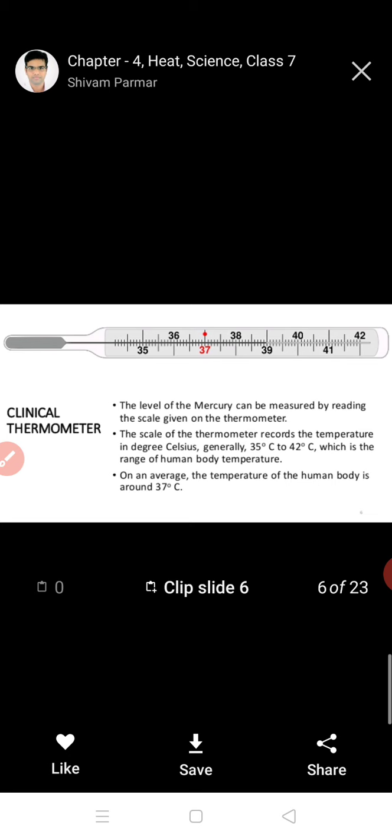Look, the level of the mercury can be measured by reading the scale, and the scale of thermometer records the temperature in degrees Celsius, generally 35 degrees Celsius to 42 degrees Celsius, which is the range of human body temperature. On an average, the temperature of the human body is around 37 degrees Celsius. So how to read thermometer, we will understand with the help of this video.